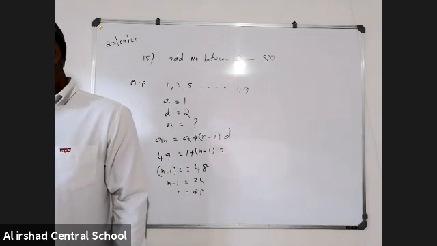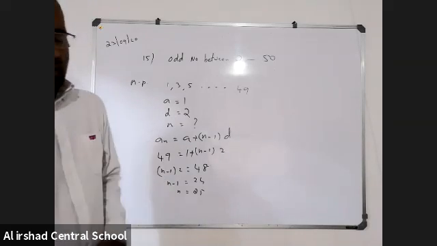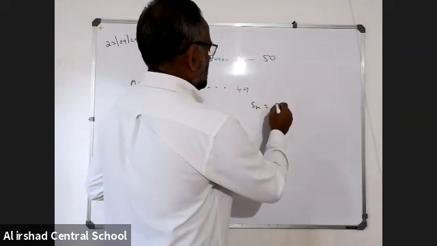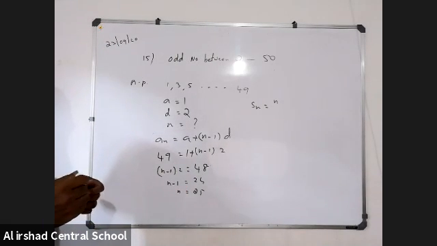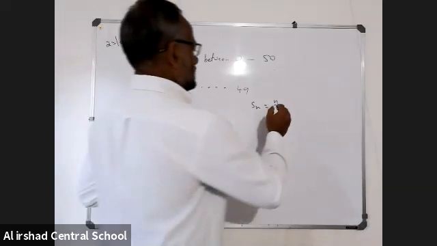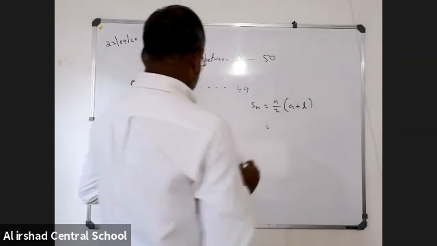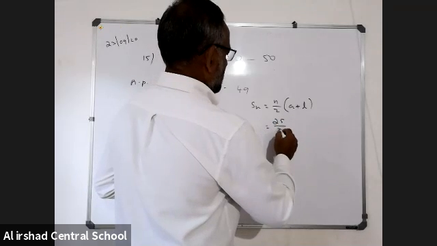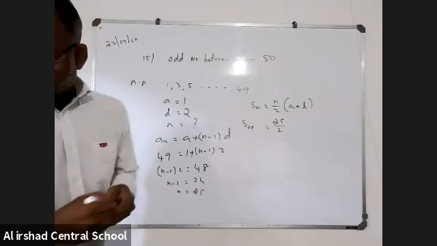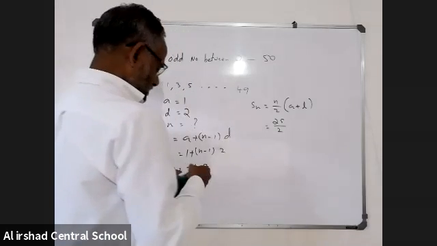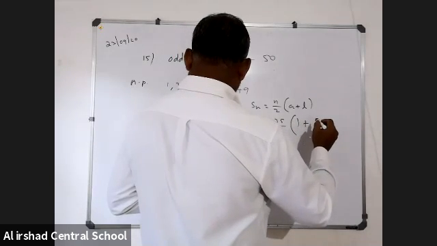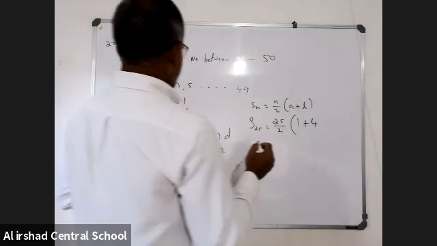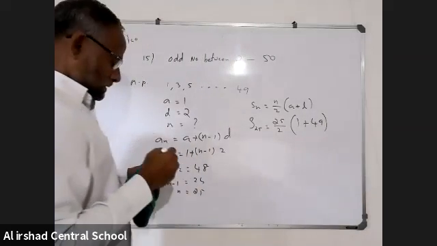Apply the formula: Sn is equal to N by 2 into A plus L. Very good, that is better because we know A and L. So S25 is equal to 25 by 2 into A plus L, where A is 1 and L is 49.